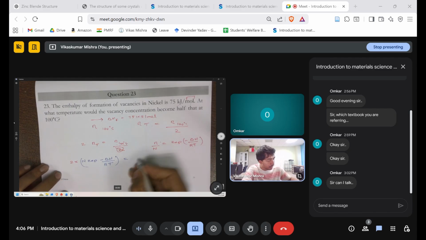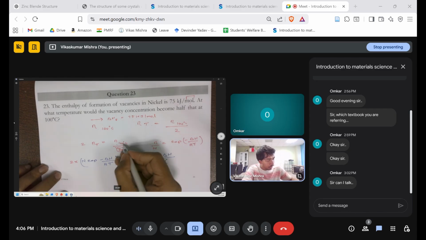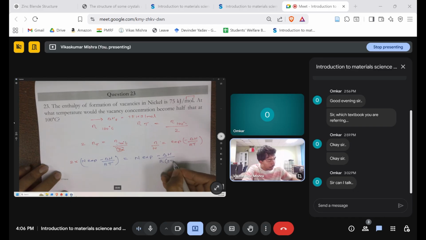So we write the concentration at 100 degrees Celsius, exponential of minus delta H divided by R times T. We know the temperature, 273 plus 100.